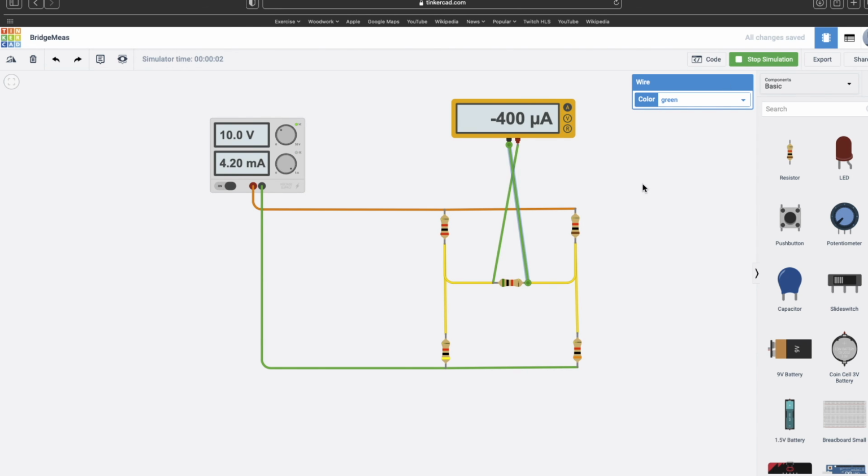And you can see that when we do this, we actually have a totally different current. It's not minus 118 microamps, we have minus 400 microamps. And that is because the ammeter is a very, very low resistance. Ideally, it's 0 ohms. So we are basically just shorting out this 5 kilo ohm resistor in the middle here. So it's a very, very bad thing to do.